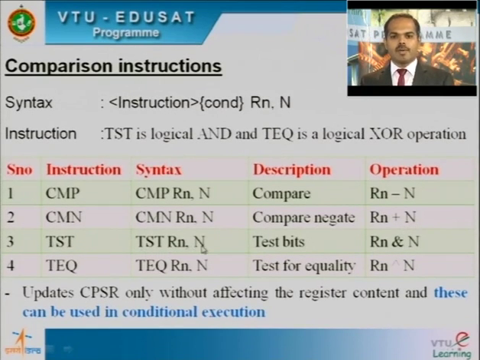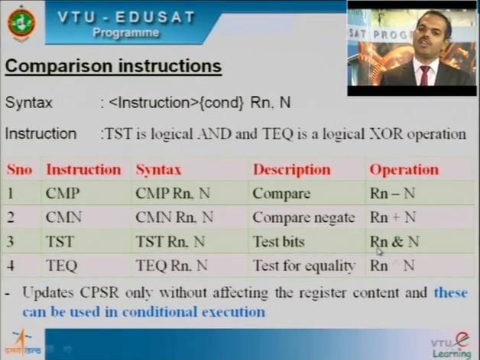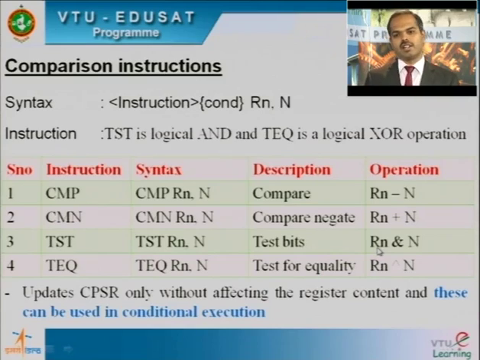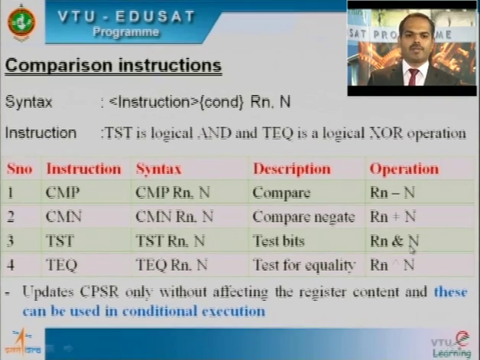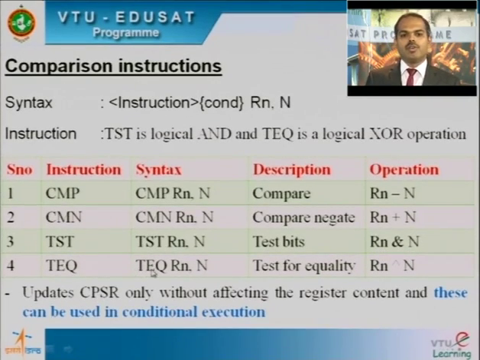TST Rn comma n, test bits, look at the operation: Rn ANDed with n. We are just checking whether a particular bit in register Rn is set or clear with a value of n. TEQ Rn comma n, test for equality.